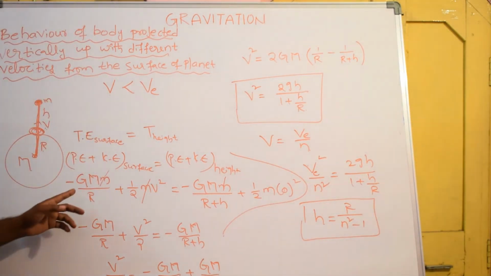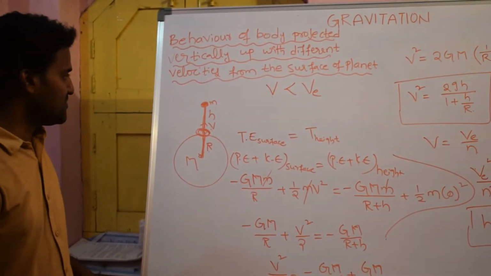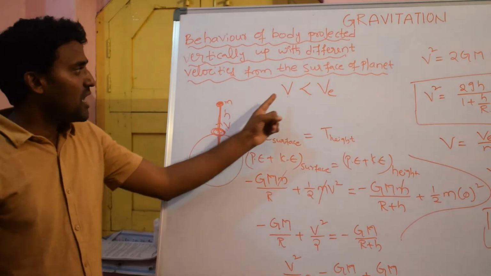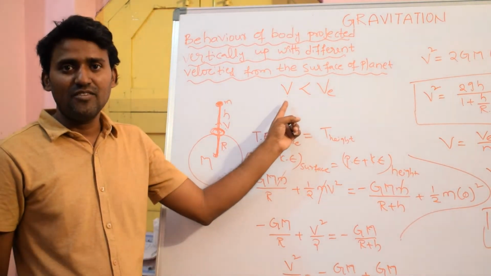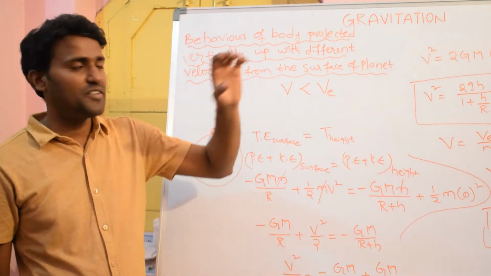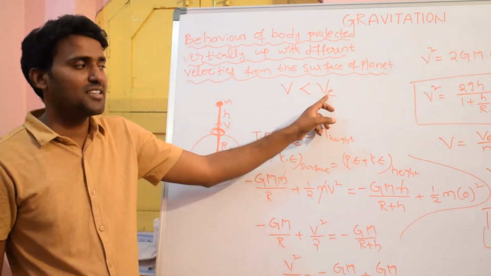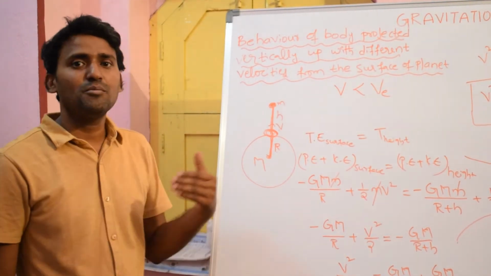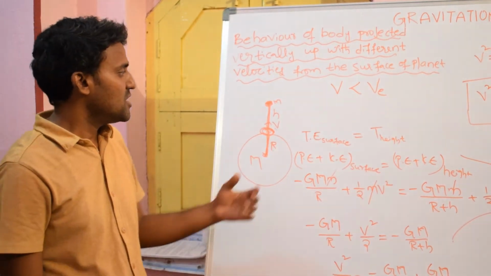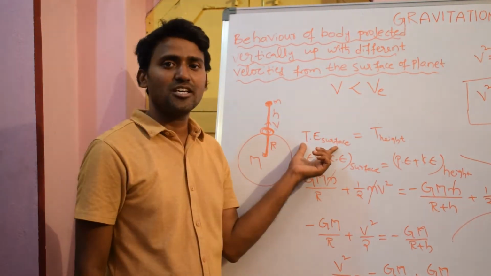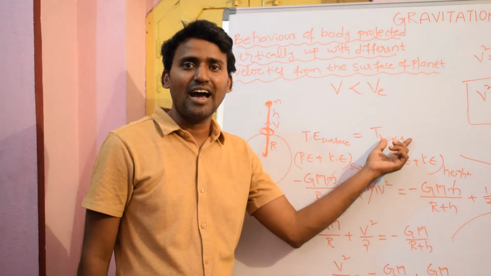Once again I want to explain this one, see properly. When an object is projected with a velocity v that is less than escape velocity, the maximum height is found from total energy on the surface equal to total energy at the height.